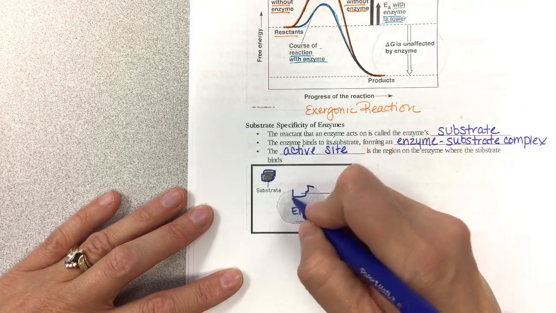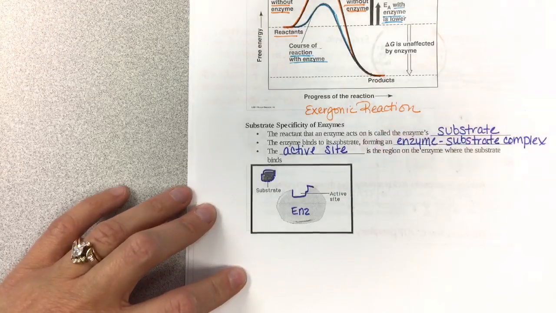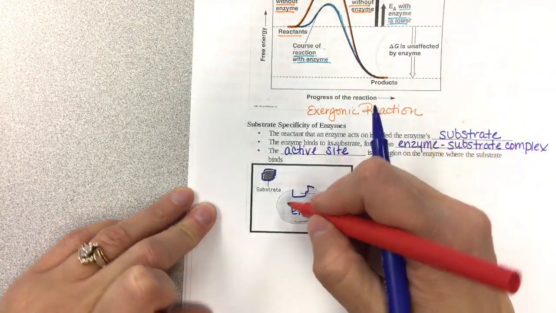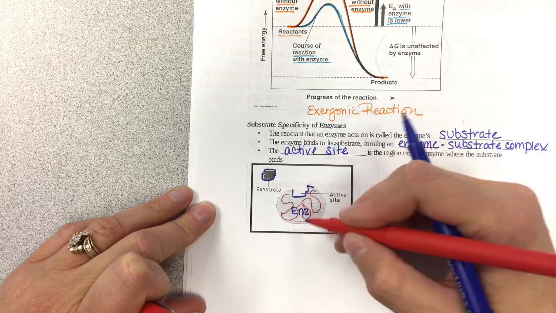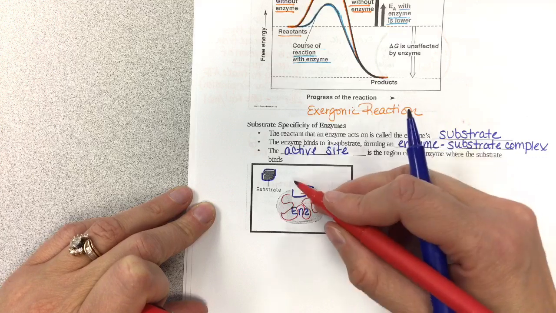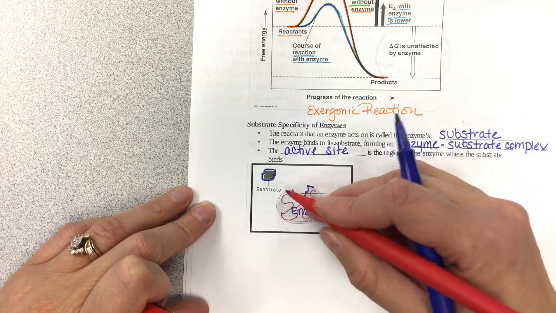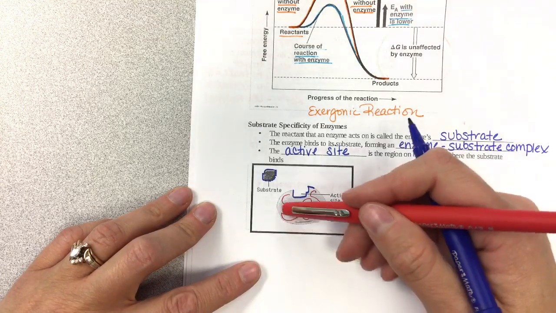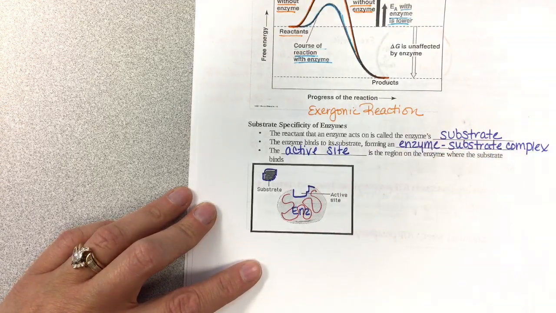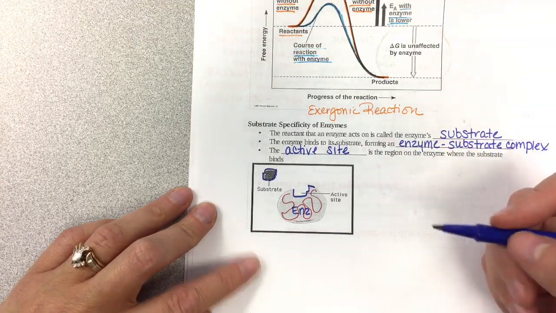Remember that enzymes are a polypeptide chain of amino acids that has a particular shape, which allows the active site to have a particular shape. It's stabilized by the bonds between those R groups and so on.